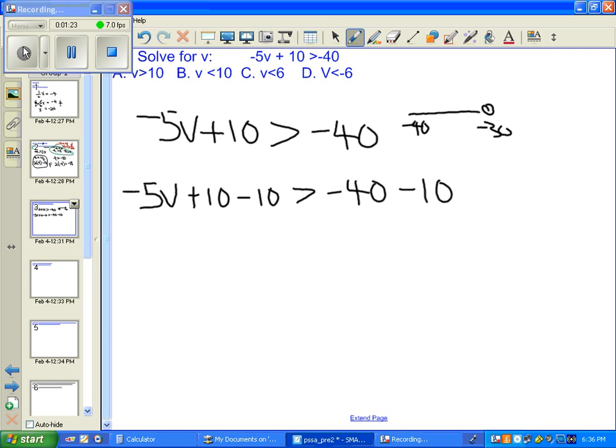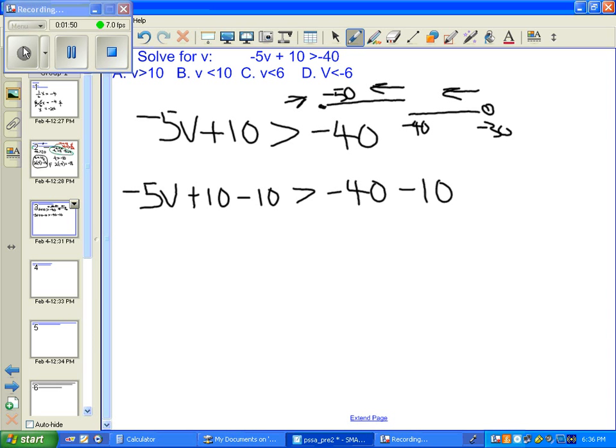And we want to go 10 more spaces from negative 40. That'll be negative 50. So we went 10 this way, 10 this way, then we went down another 10. So with negative 40, if you take away 10 from negative 40, you end up with negative 50 right there.